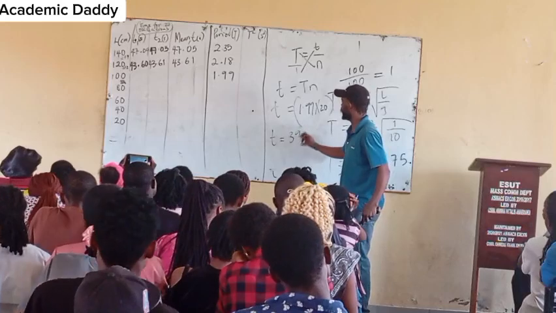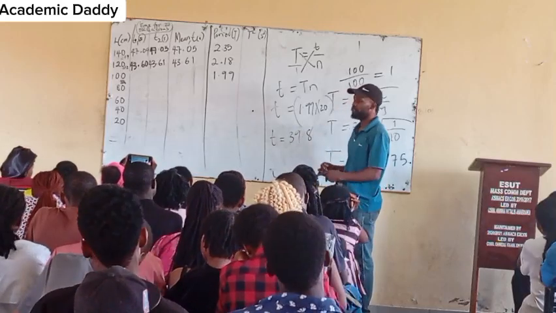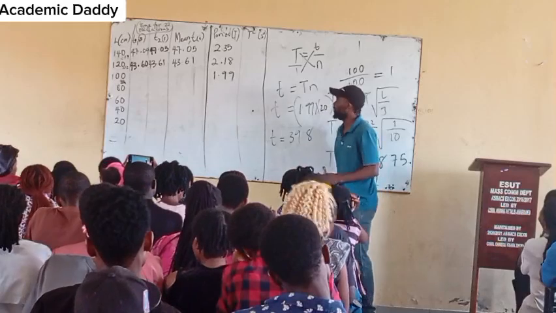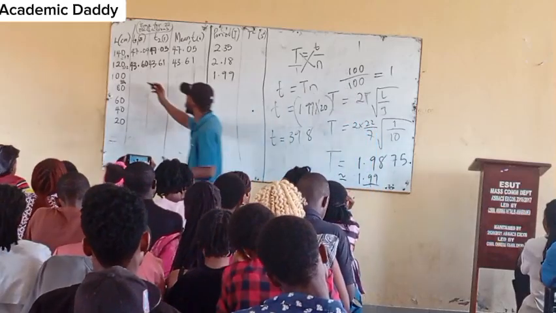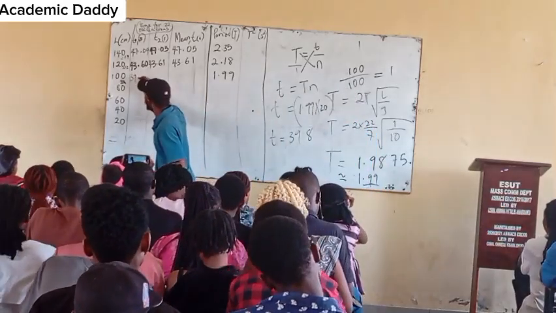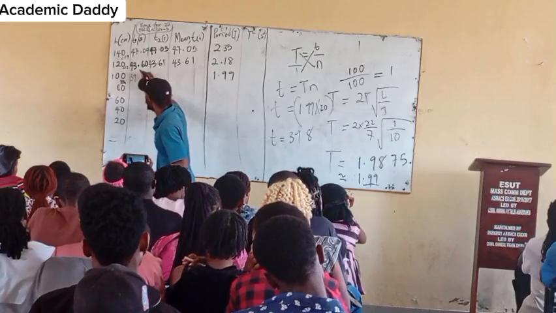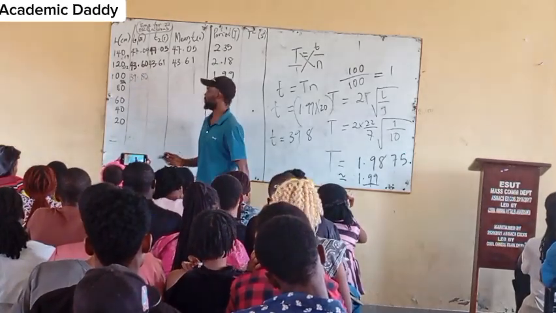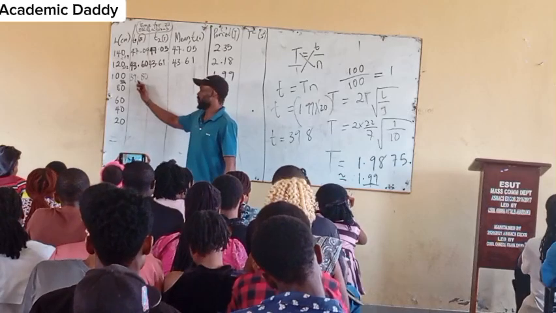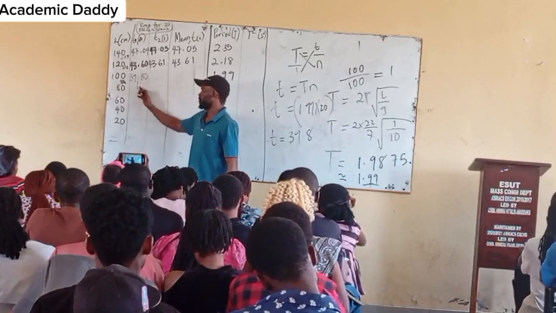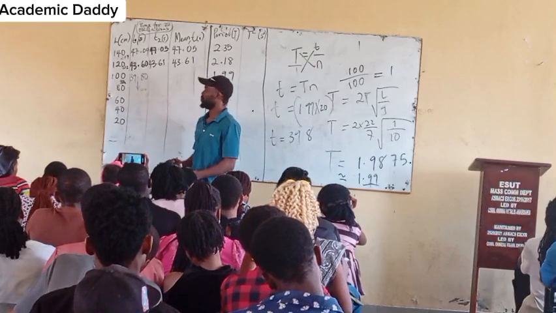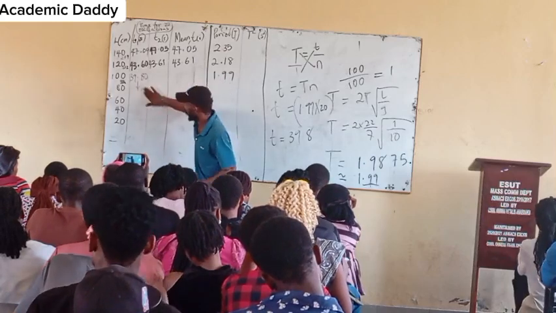This is 39.8, shall we? 39.8. Now let's check something. If we say let this point part now be 1, how many zeros will I have? 2 zeros, shall we?